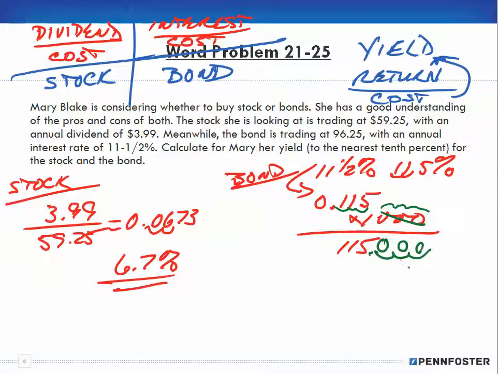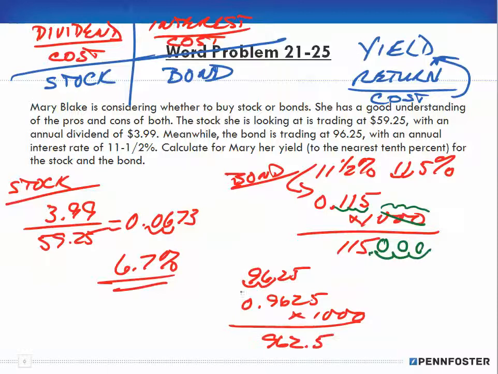Now I have to figure out what my cost is. Well, my cost is 96.25. Again, in a decimal format, I'm going to move it over, so I end up with 0.9625, and I'm multiplying that by 1,000, which gives me 962.50. See what I mean? Here's the shortcut.